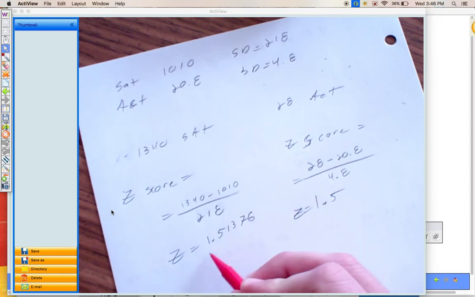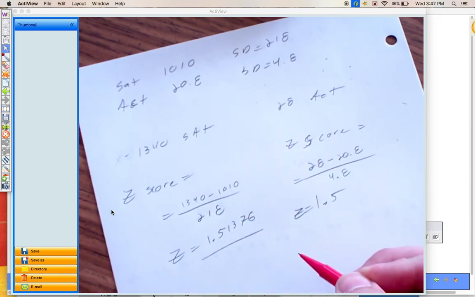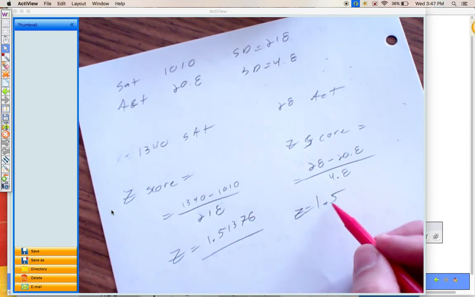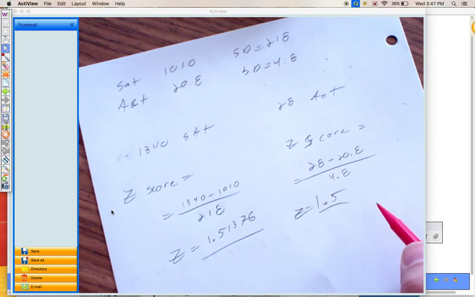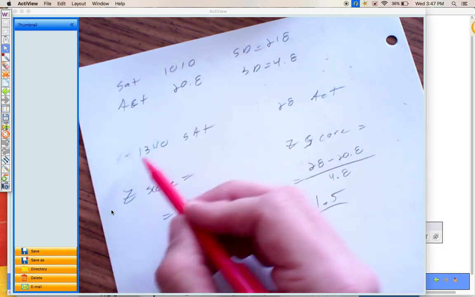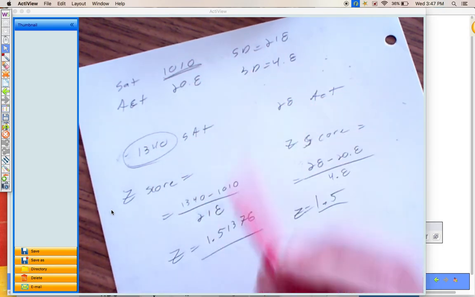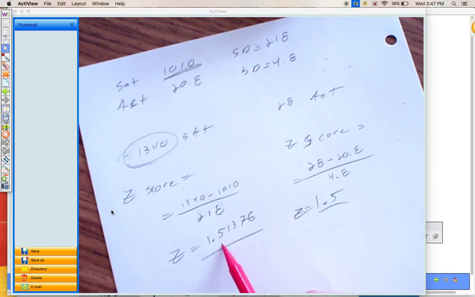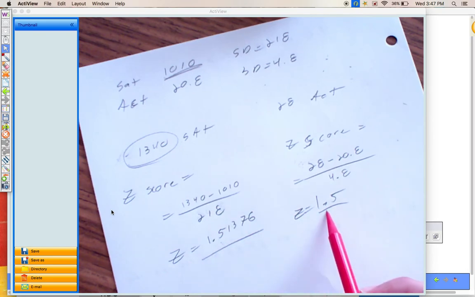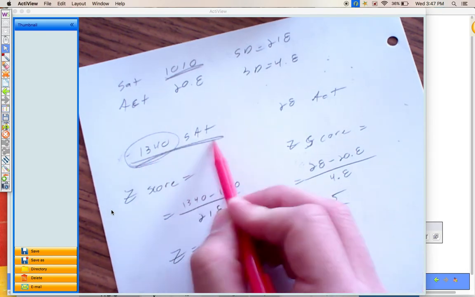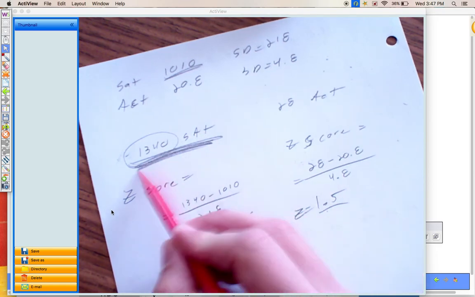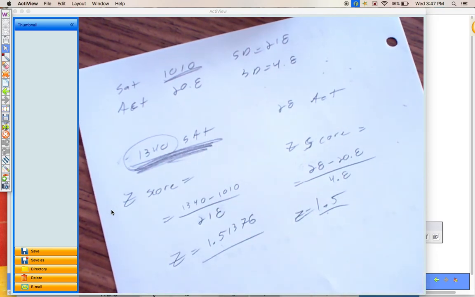So my z-score for the SAT was 1.51376, and for the ACT it was 1.5, which means the SAT score is a little bit further away from the mean. So I did a little bit better, not significantly better, on the SAT than on the ACT.